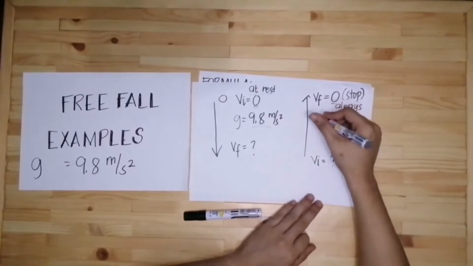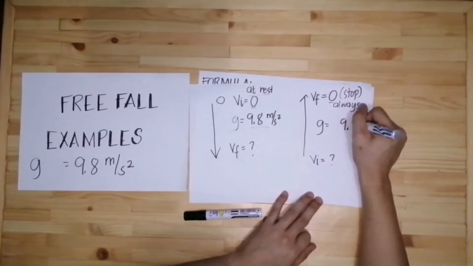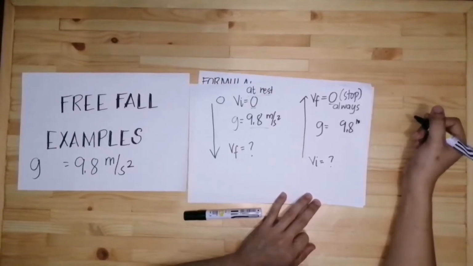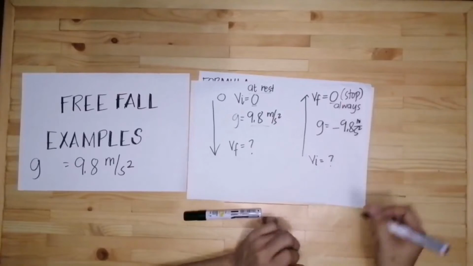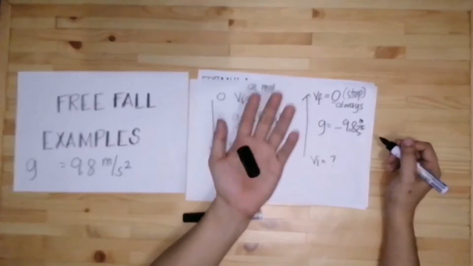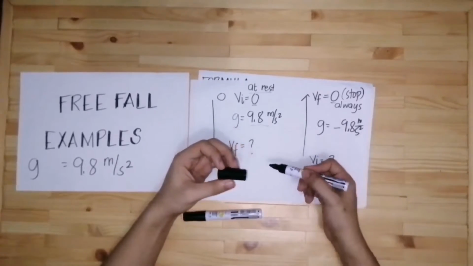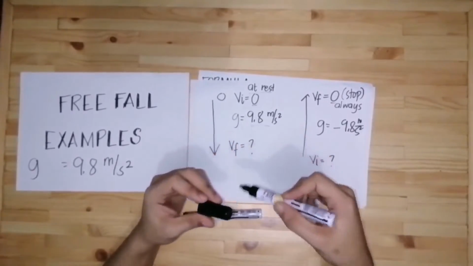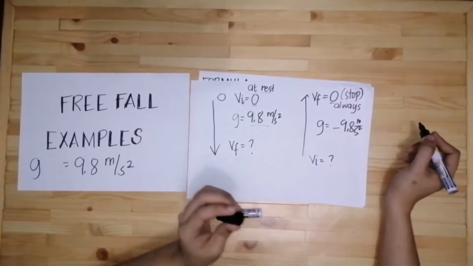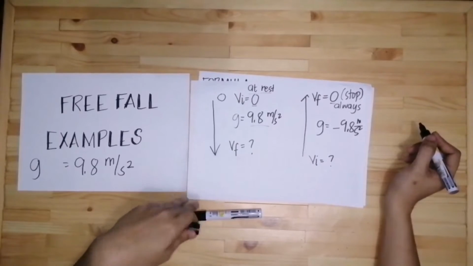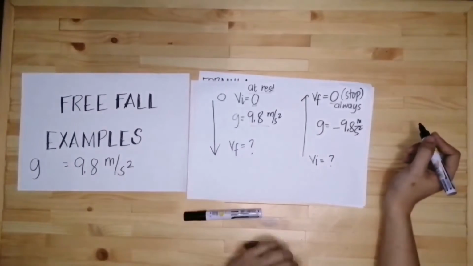Okay? Now, the gravitational acceleration is still 9.8 meters per second squared. But this time, it is negative. Because when you throw the object, its velocity does not get faster and faster; it gets slower and slower. So we put negative. That is what we need to remember. So the velocity of the object decelerates once the object is being thrown upward.